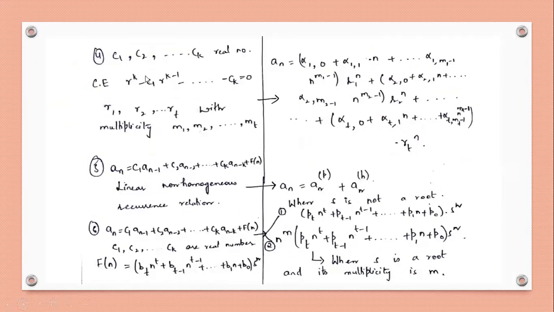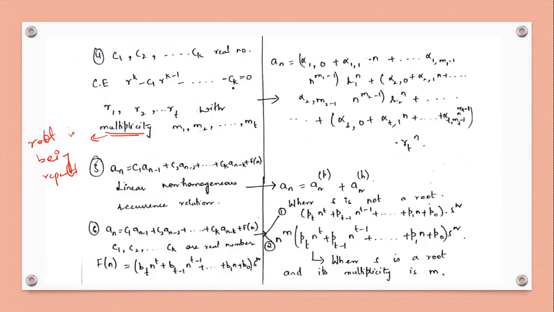which is the fourth theorem, if we have multiple roots and they are being repeated. So the term multiplicity is used if the root is being repeated. C1, C2 and Ck are all real numbers and our characteristic equation is given in this form.